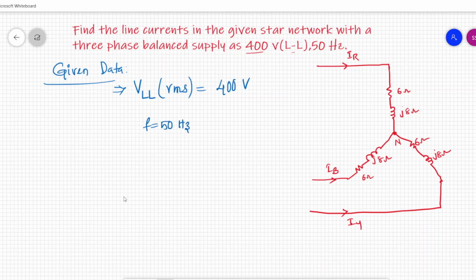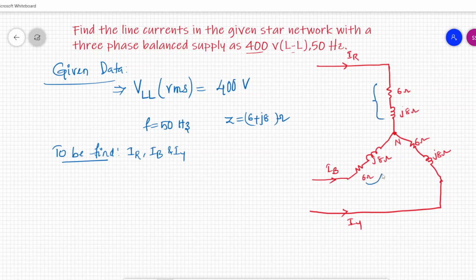Now we are going to find the line currents of the circuit. To be found are the line currents IR, IB and IY. The network given is an impedance Z equal to 6 plus j8 ohms. Each and every phase has the same impedance.